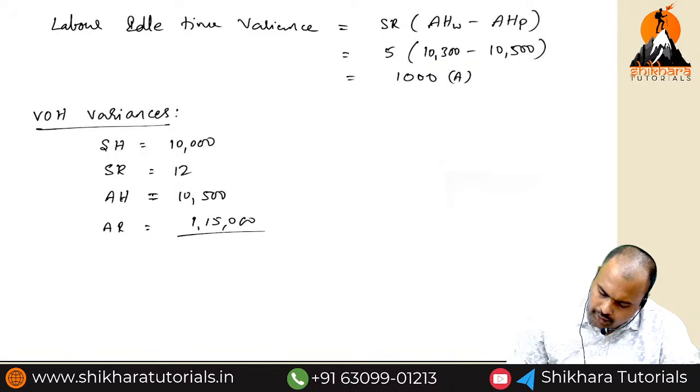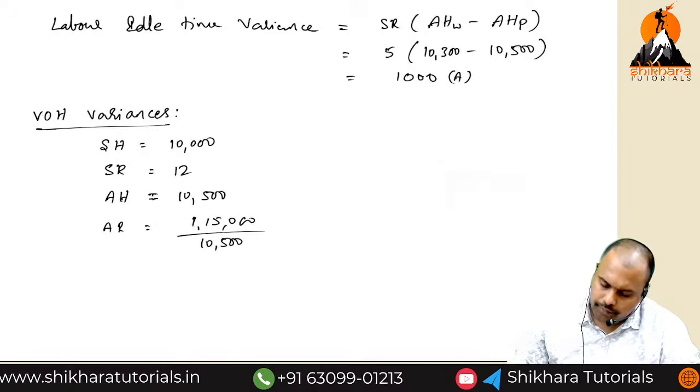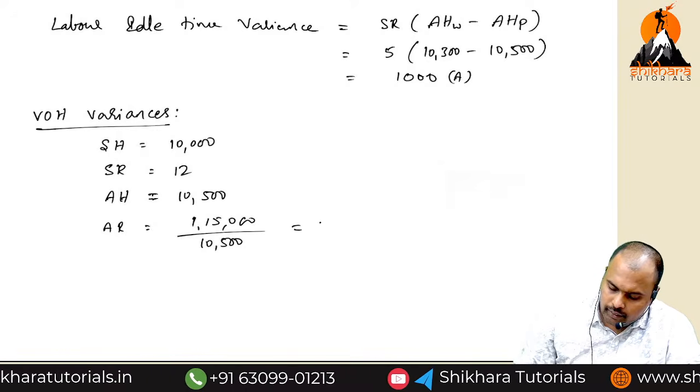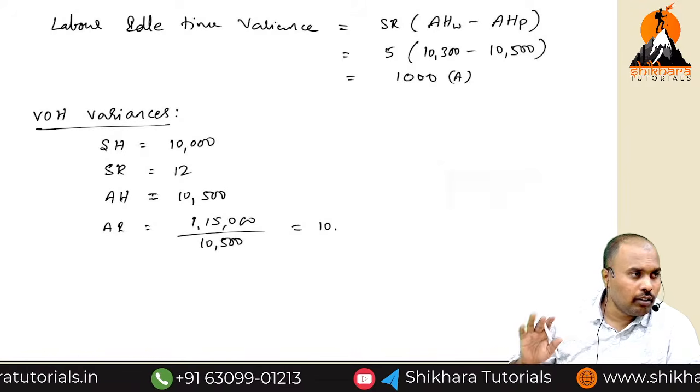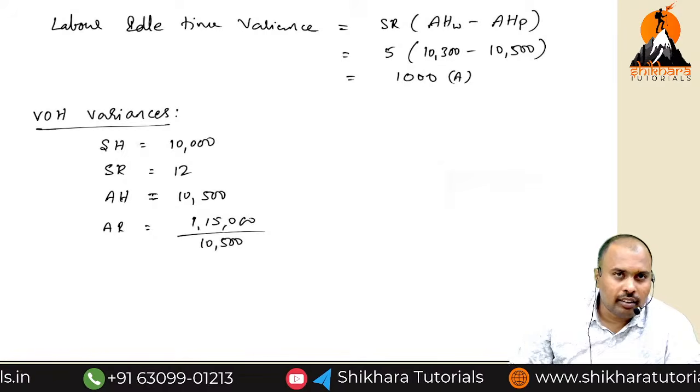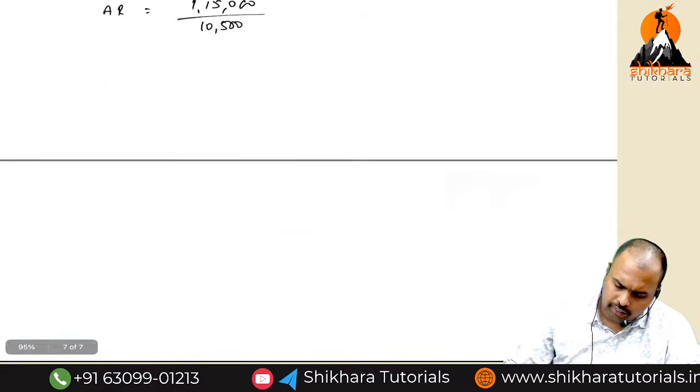1,15,000 divided by 10,500. 10 point. Continuously you are getting it, or just leave it? We already discussed, right? Continuously just leave it and calculate the variances.